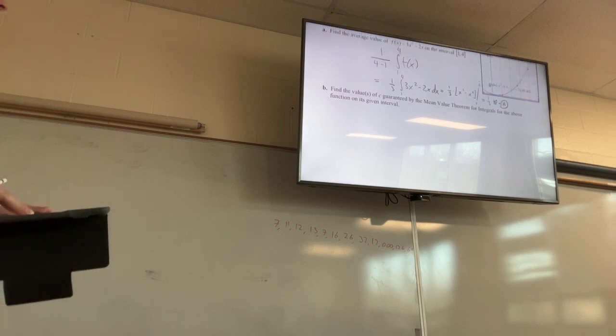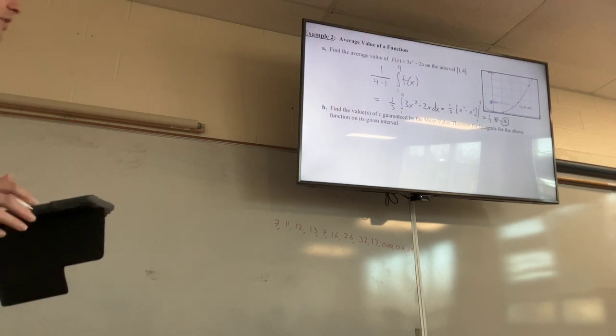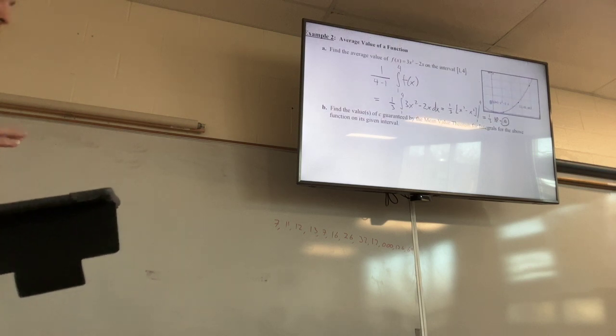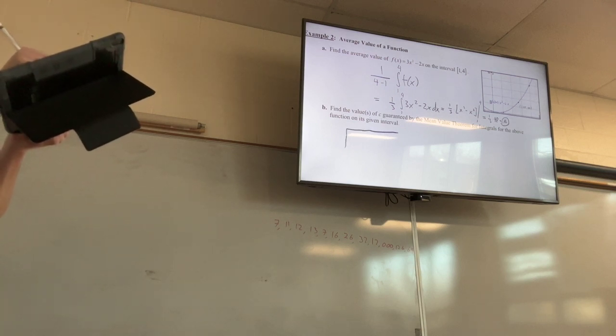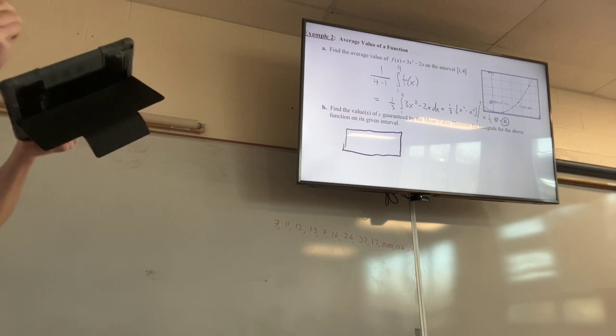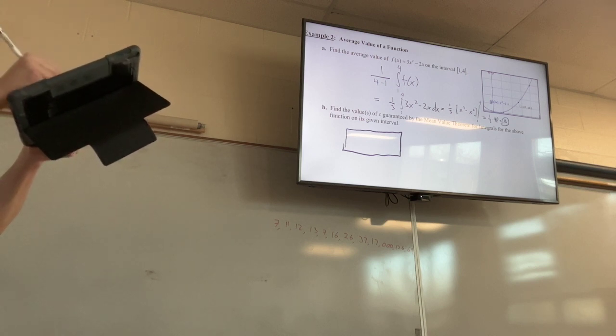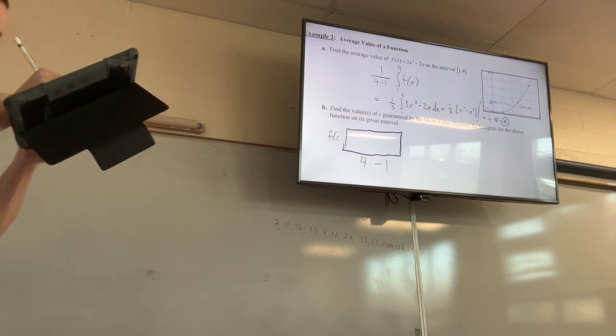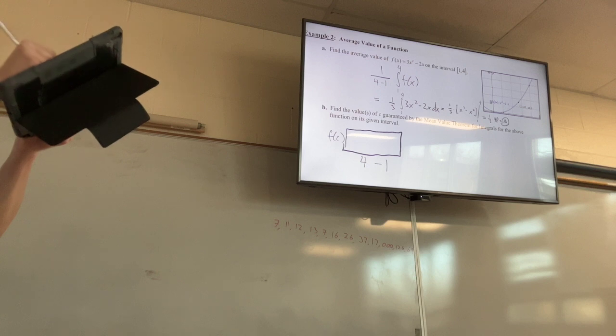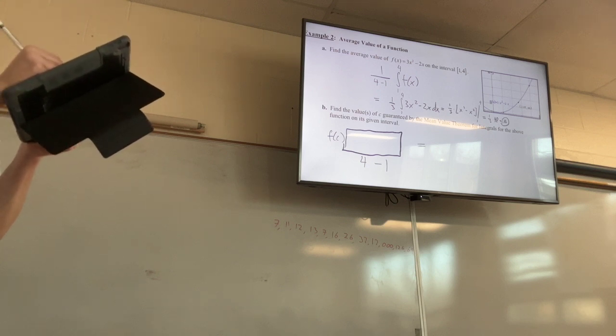Find the value of c guaranteed by the mean value theorem for integrals for the above function on its given interval. So what this is saying is there's some rectangle whose width is going to be 4 minus 1. The height's going to be f of c. That rectangle's area is going to be equal to the integral from 1 to 4.